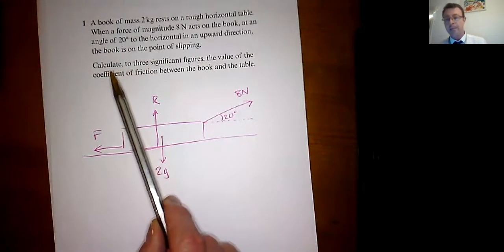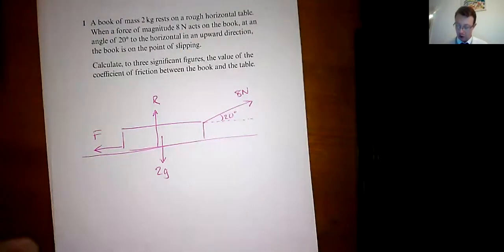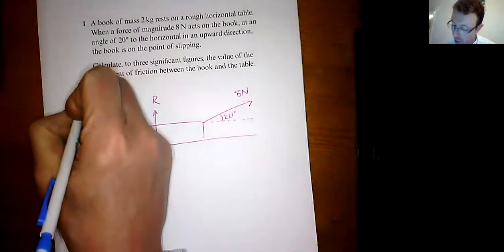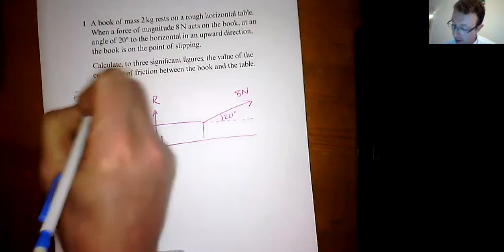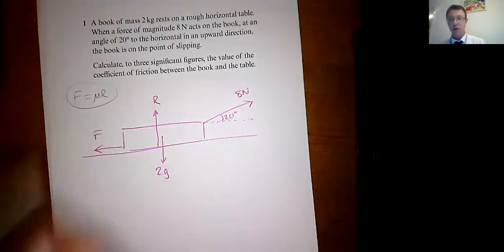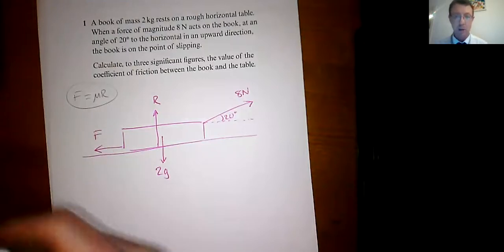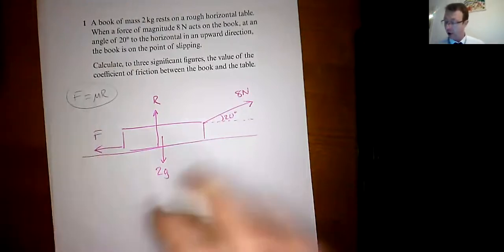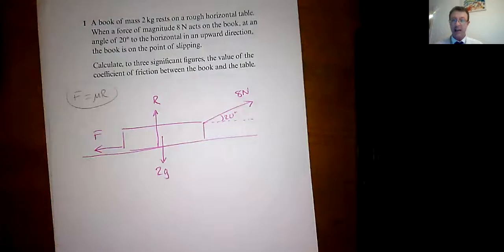In my toolkit, I'm going to use F equals mu R. That's what I'm aiming for to find mu. So in order to use that, I want to know what F is and what R is. Looking at that picture, I understand what it is that I'm going for.